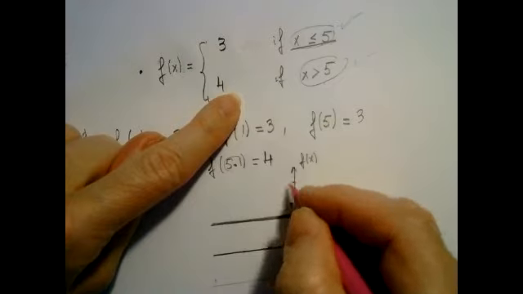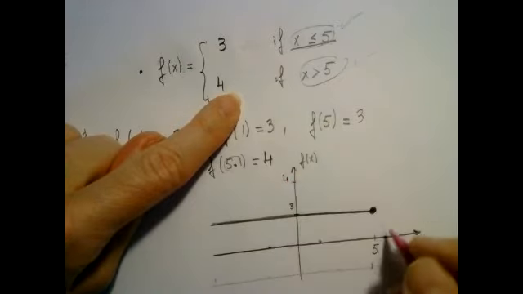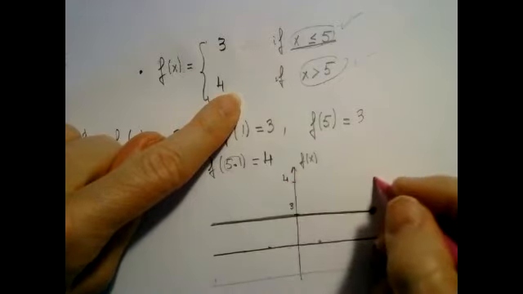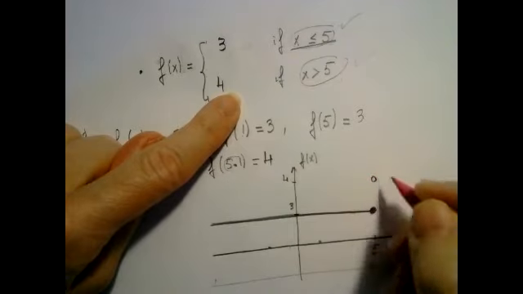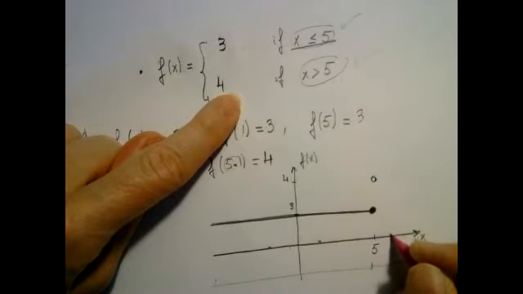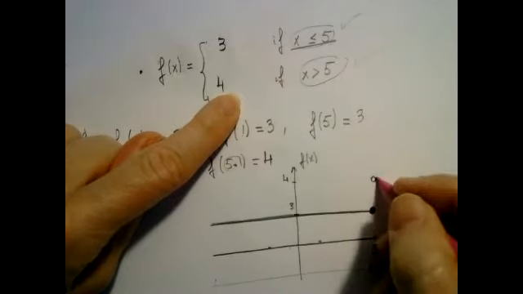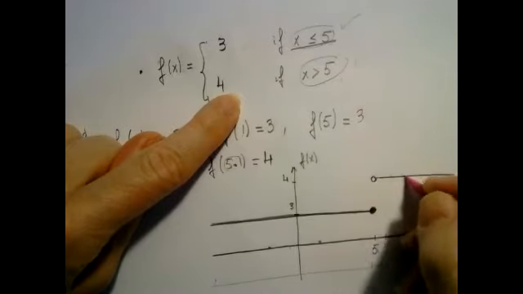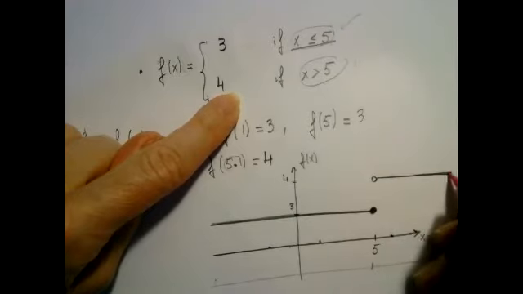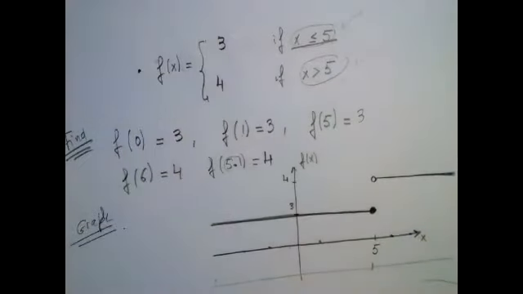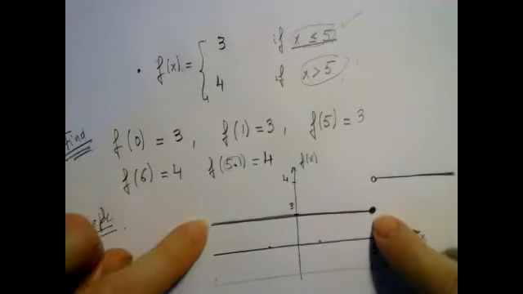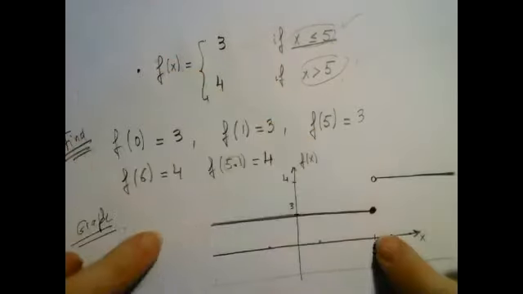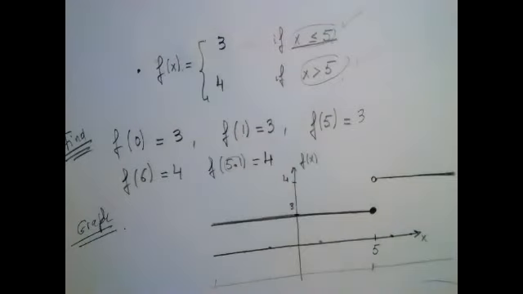So if this is my 4, and then this is 5, at 5 we're going to open it, and then after that, 5.1, 5.2, 6, the output is always 4. So the graph is going to consist actually of those 2 pieces. That's the graph of my function. 1 piece, another piece.